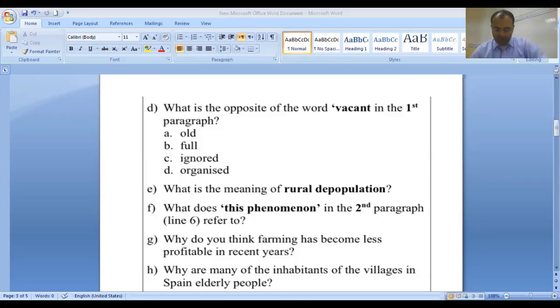As farming became less and less profitable and unemployment grew, the population began to move to the cities to find work. This trend started in 1860 and has continued until today. Now, some villages consist mainly of elderly people. The area is suffering from the effects of depopulation, poor infrastructure, and deserted farms.